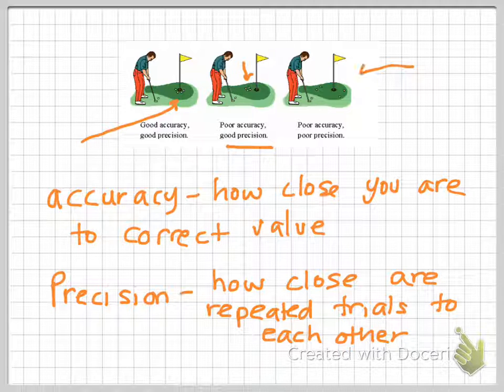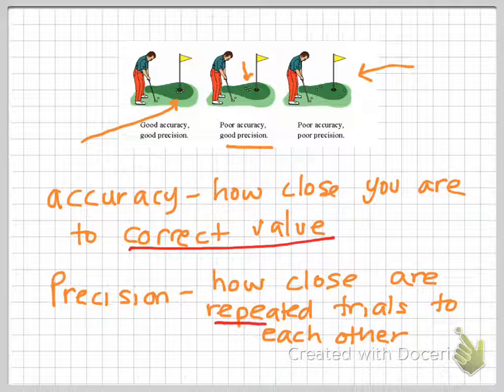In the last picture, it's poor accuracy because none of his practice shots are near the hole, and poor precision because every time he takes a shot, it's in a different location. So accuracy is how close you are to the correct value, and precision is how close repeated trials are to each other. We'll look at both of those numbers in this lab, to see how accurate and how precise you are compared to your classmates.